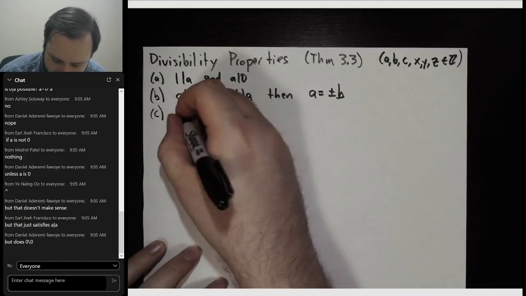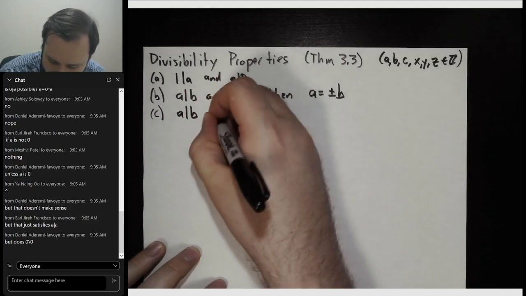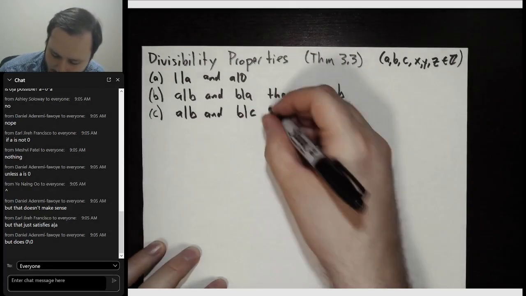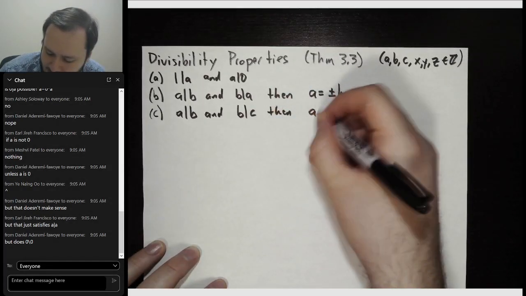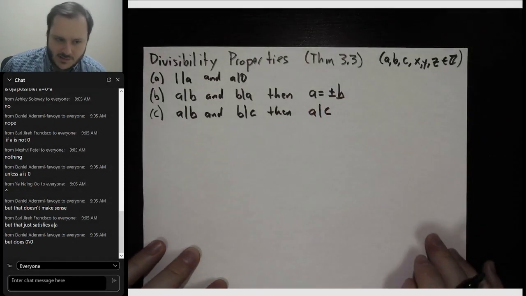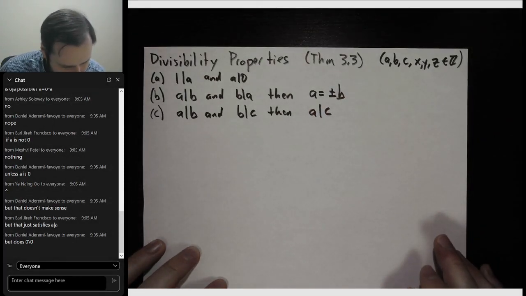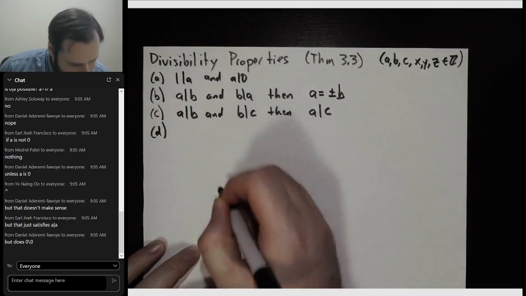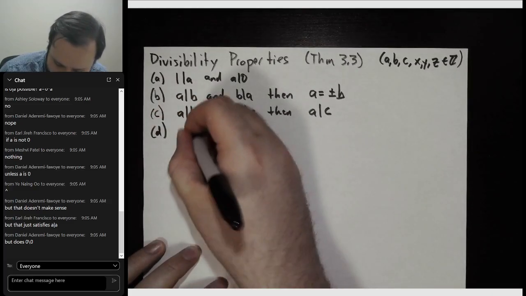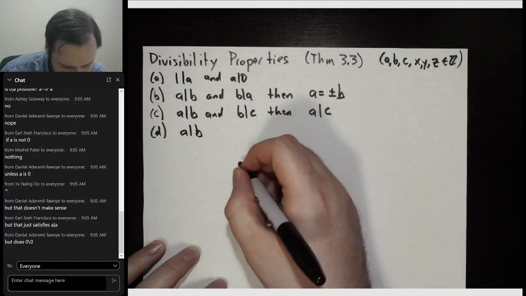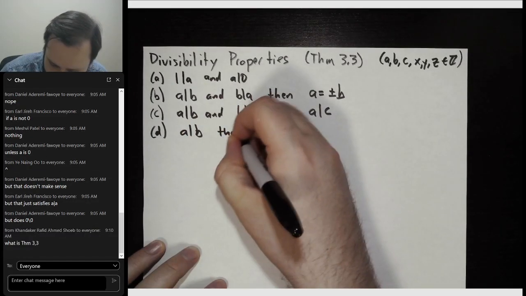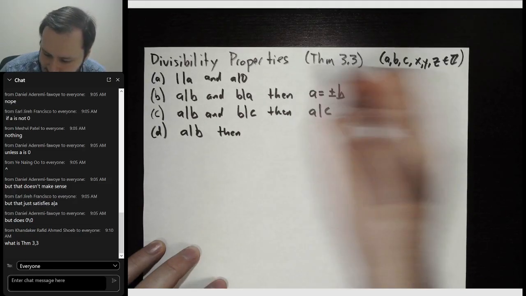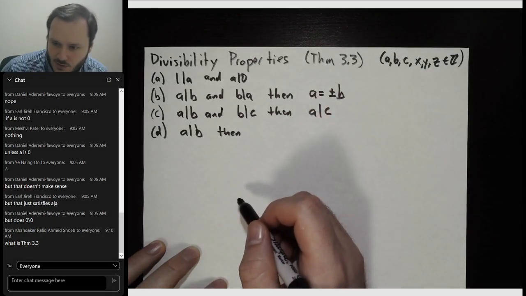Another interesting one, a divides b and b divides c. Then a divides c. That's going to come up a lot. Relatedly, if a divides b, then for all x an integer, a divides b times x.